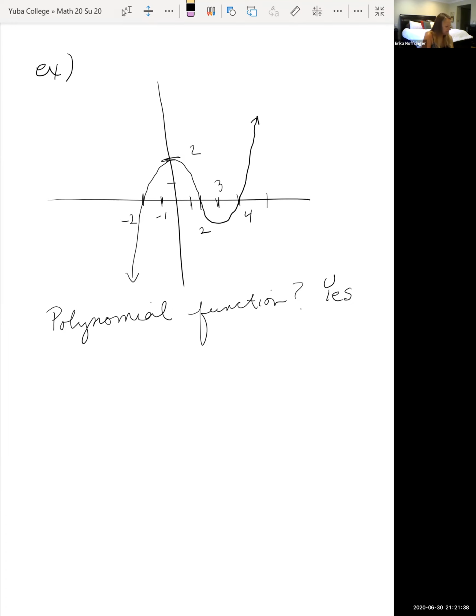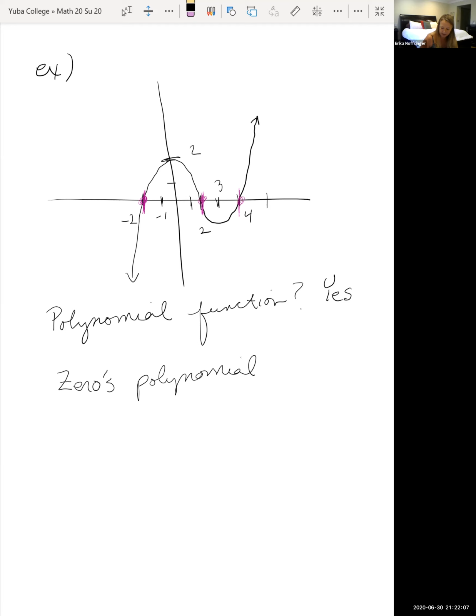So let's talk about the multiplicity of the zeros. The zeros of the polynomial are the values where it's either crossing or touching the x-axis. And so we have 3 points where our graph is crossing the x-axis.